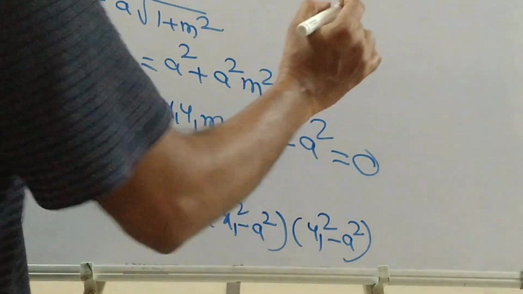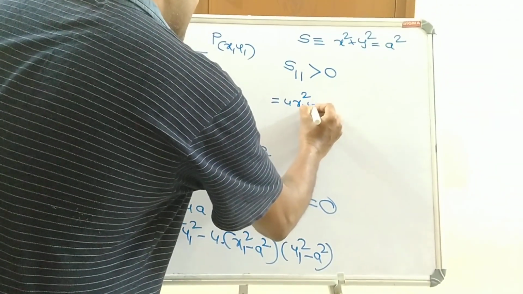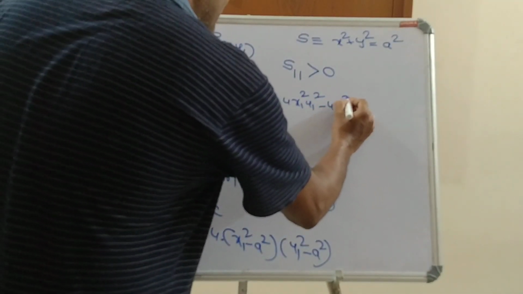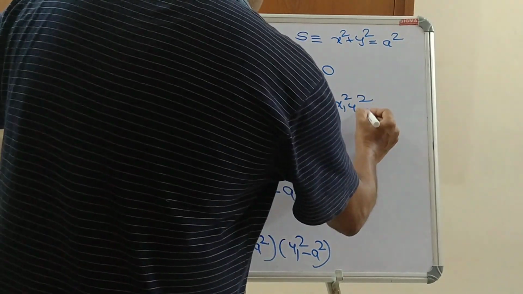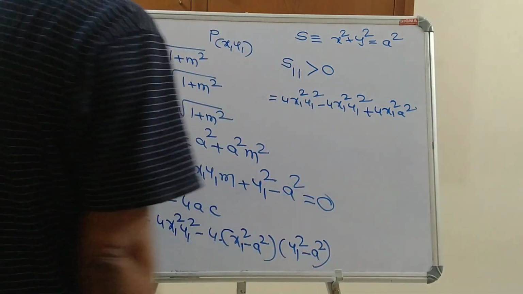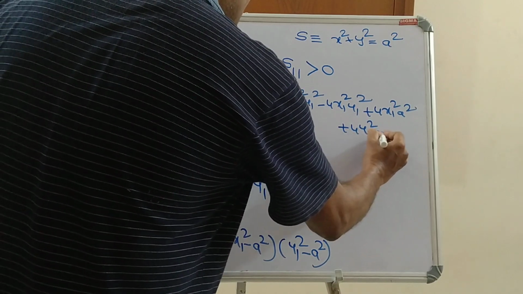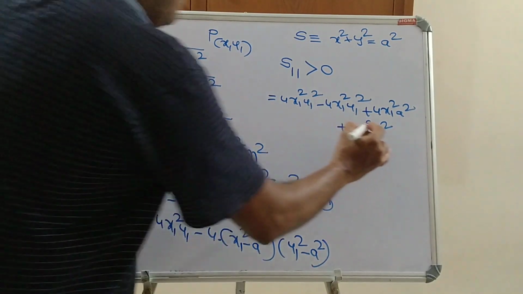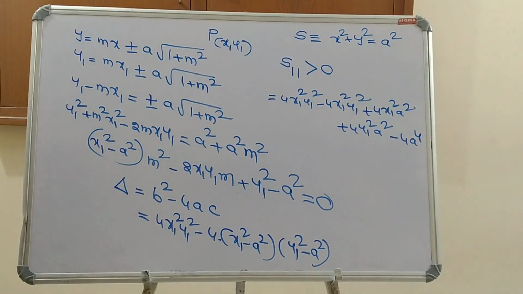That equals 4x1 square y1 square minus 4x1 square y1 square plus 4x1 square a square plus 4y1 square a square minus 4a power 4.